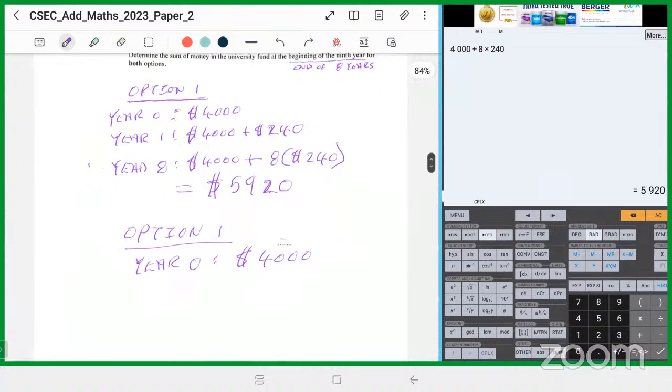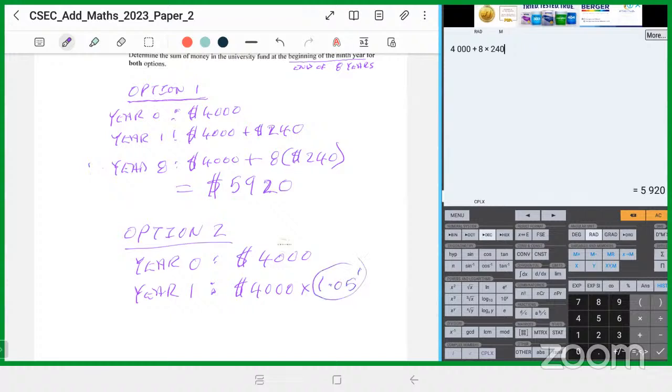But if we look at it in a simplified way, on option 2, after year 1, the amount is going to be $4,000 times 1.05 one time.